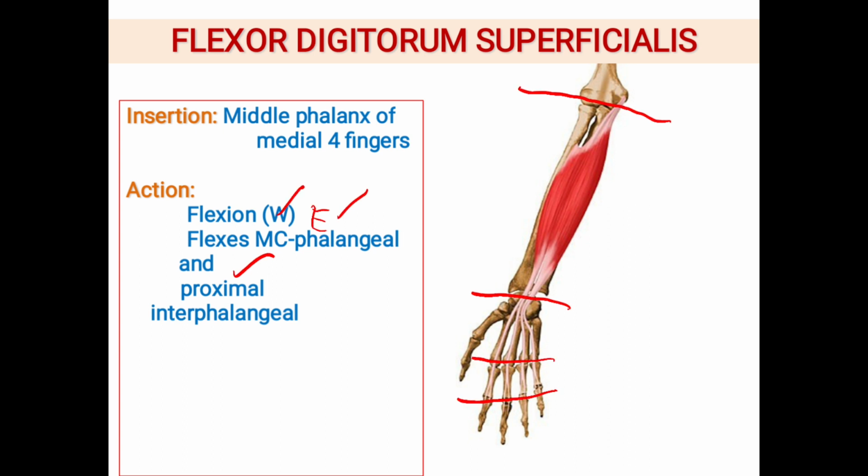So therefore, it can flex the elbow, it can flex the wrist, it can flex your MCP, and it can flex your PIP. So how many joints is that? That's four. So you have a lot of movements there.